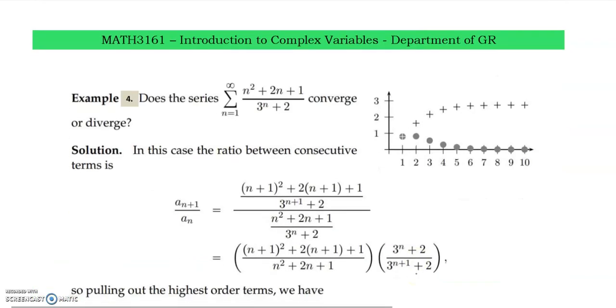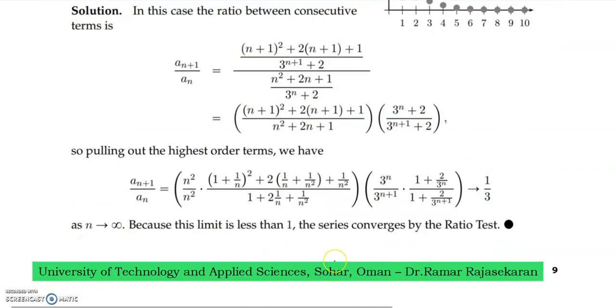That's it. Now you see question number 4. The series sigma n equal to 1 to infinity, (n square plus 2n plus 1) divided by 3 to the power (n plus 2), converge or diverge? Now you do the same procedure as in the previous questions, that is a(n plus 1) by a(n). First we find it, then you take the limit of the modulus value as n tends to infinity, which is 1 over 3.